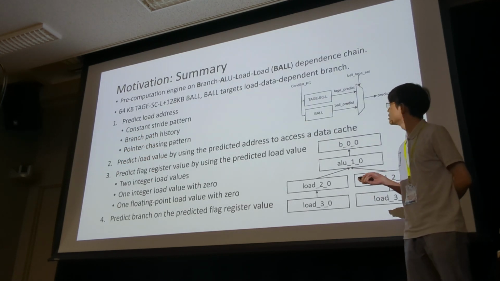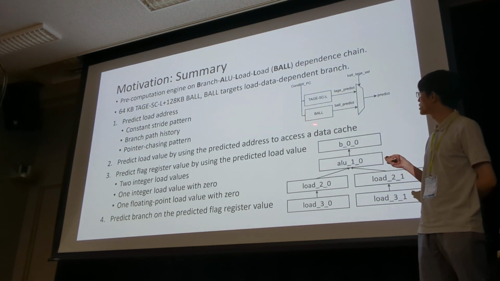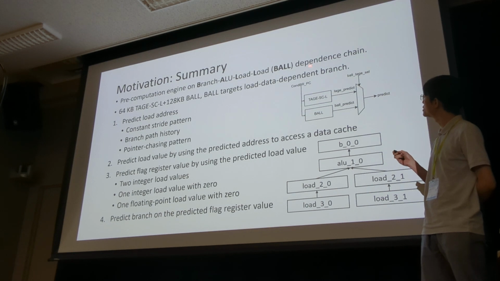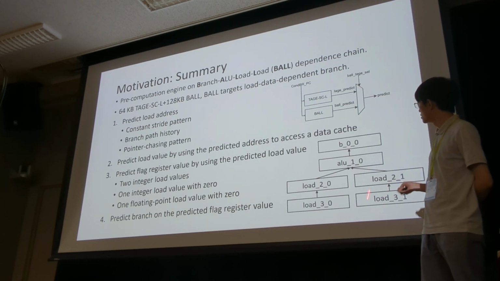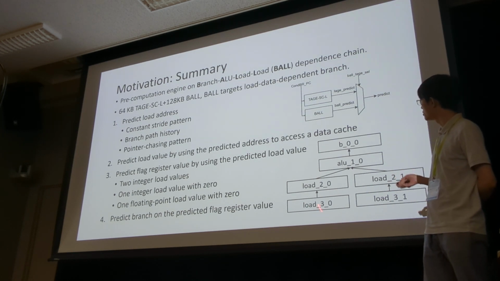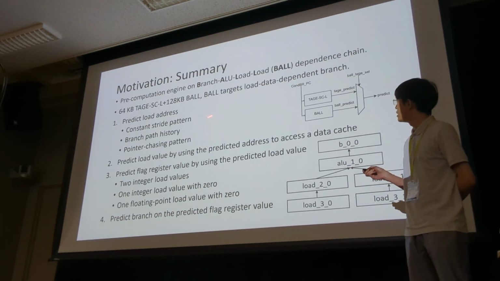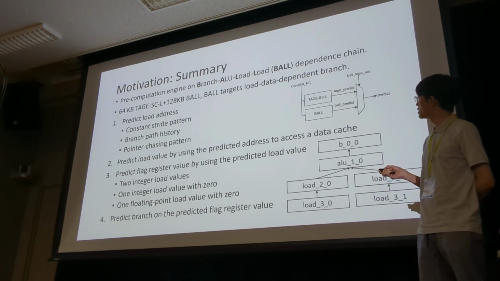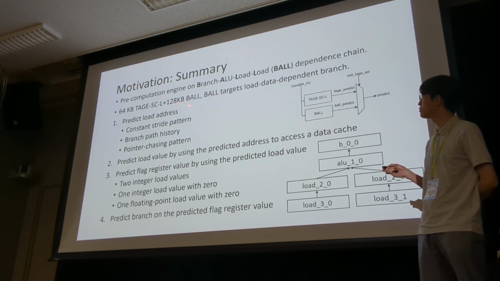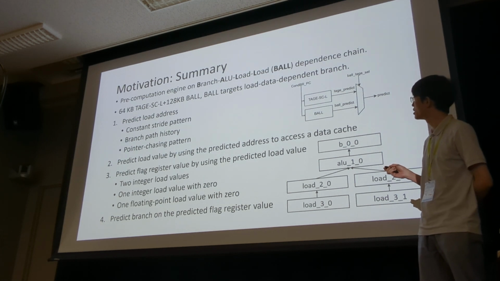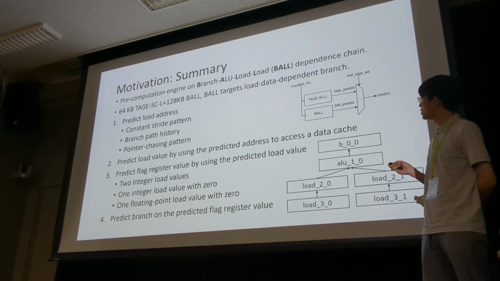So to summarize, the BALL predictor is a pre-computation engine computed on the Branch-ALU-Load-Load dependence chain. So I show you a diagram of the chain. And the overall predictor is combined by the 64 kilobyte TAGE-SC-L and a 128 kilobyte BALL. The BALL targets load data dependent branches. It acts as follows.